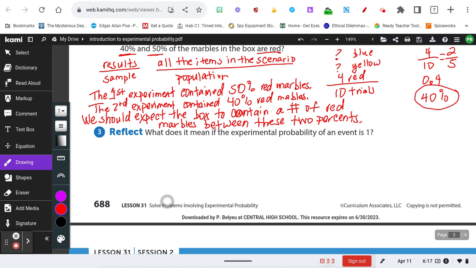All right, what does it mean if the experimental probability of an event is 1, which means certain? It means we got the same outcome all the time.